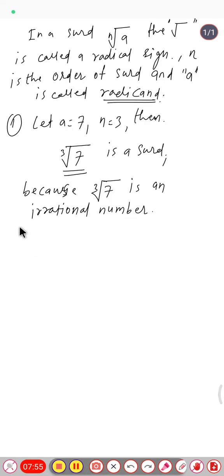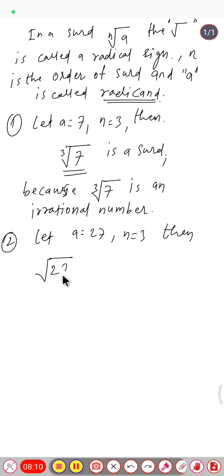Similarly, let's take one more example. Let a is equal to 27 and n is equal to 3.